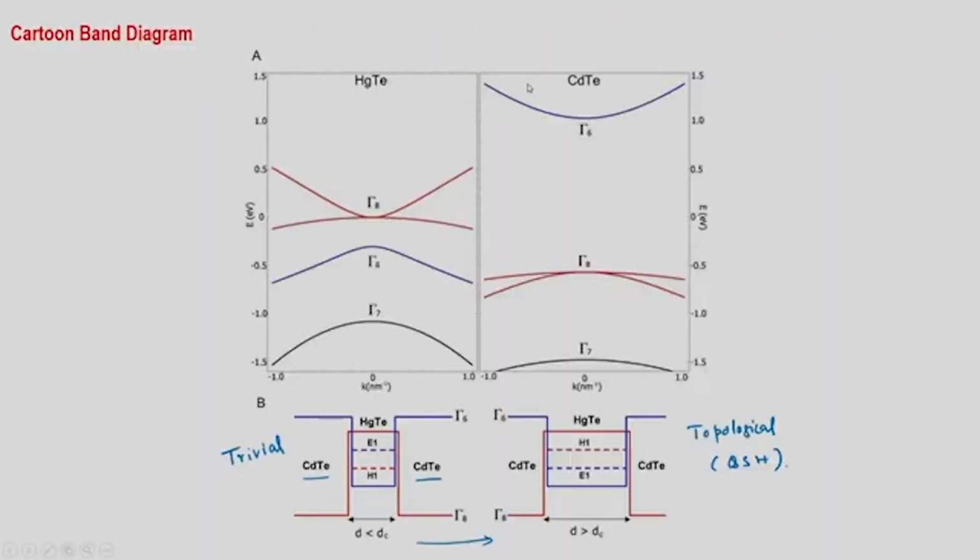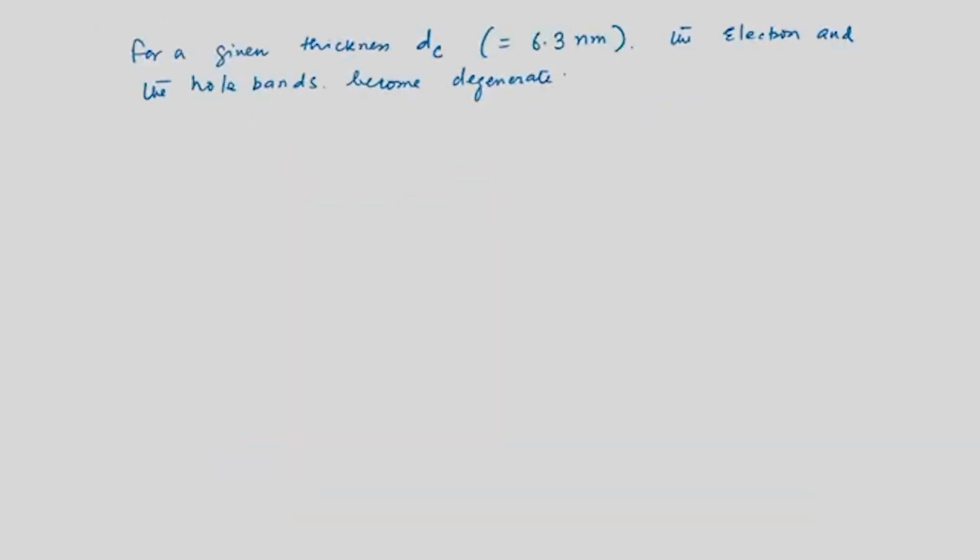So E1 and H1 merge. This basically shows one electron band and one hole band. The cartoon picture is good enough to only show one, and they merge and then they switch order. Okay, and when they merge, that's called the degenerate point.